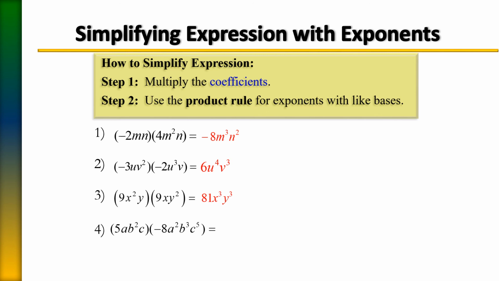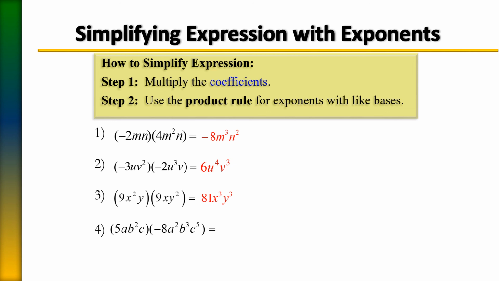Next we have the last example, a coefficient of 5 times the coefficient of -8. That's going to give me -40. Now let's see what goes behind that -40 in ABC order. Adding our a's, 1 plus 2, we're going to have 3 a's.